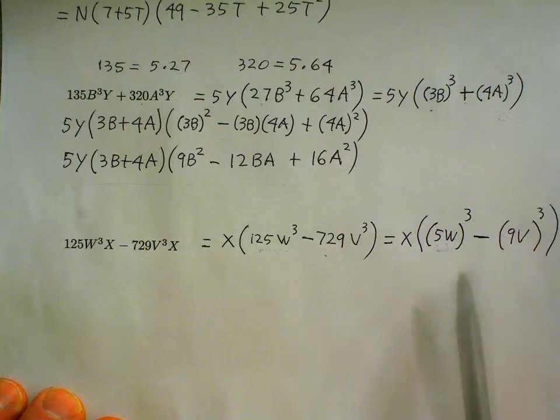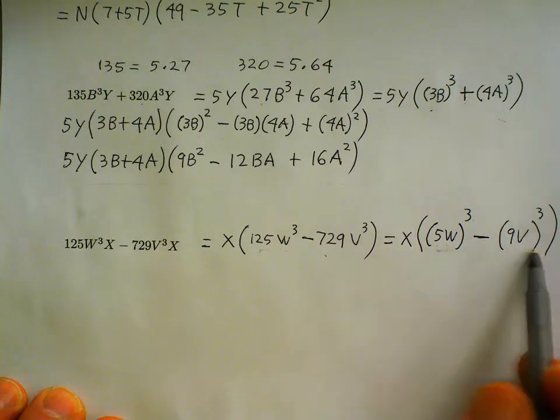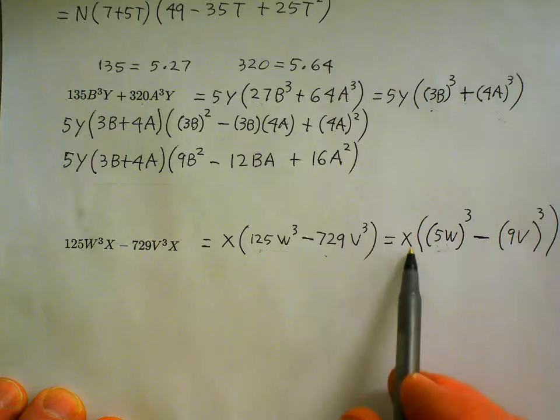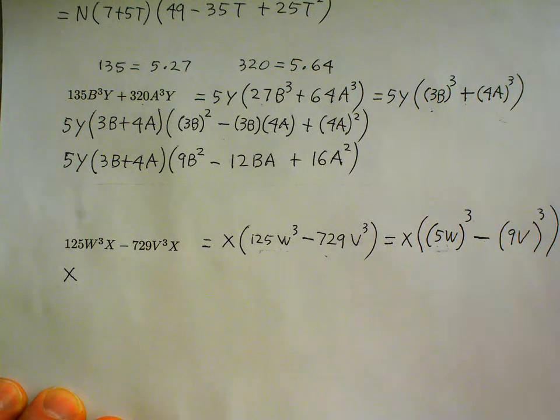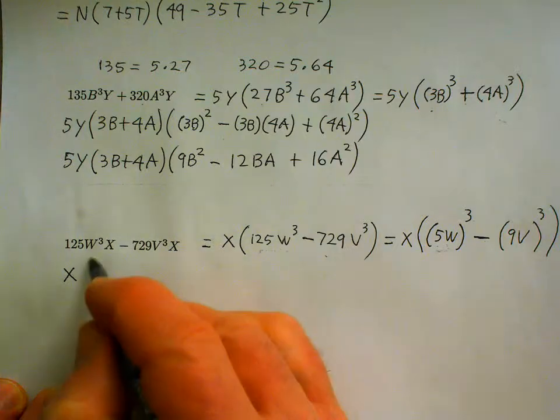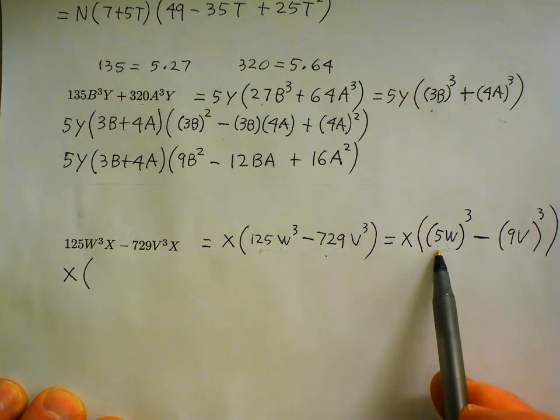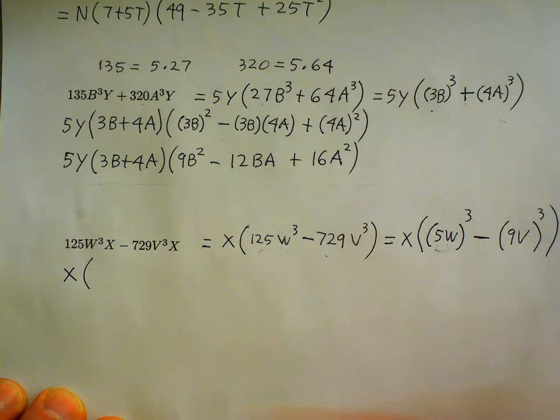Okay, so now we can apply the difference of cubes factoring formula. Remember, we have a factor of x that tags along. Okay, so the binomial is 5w minus 9v.